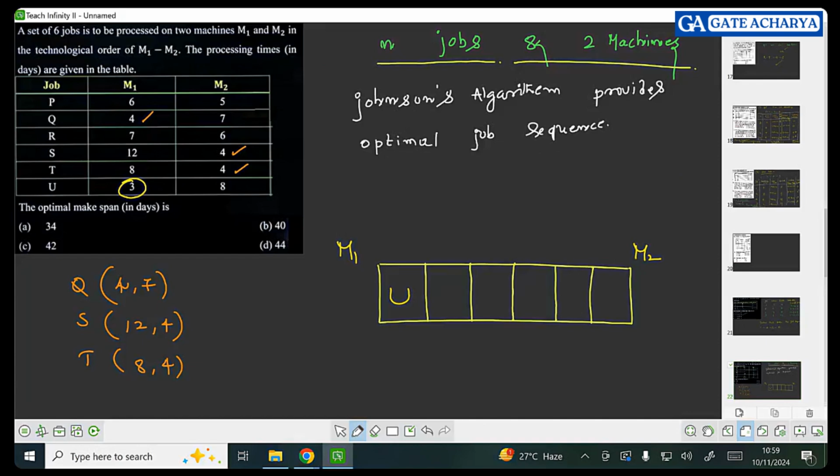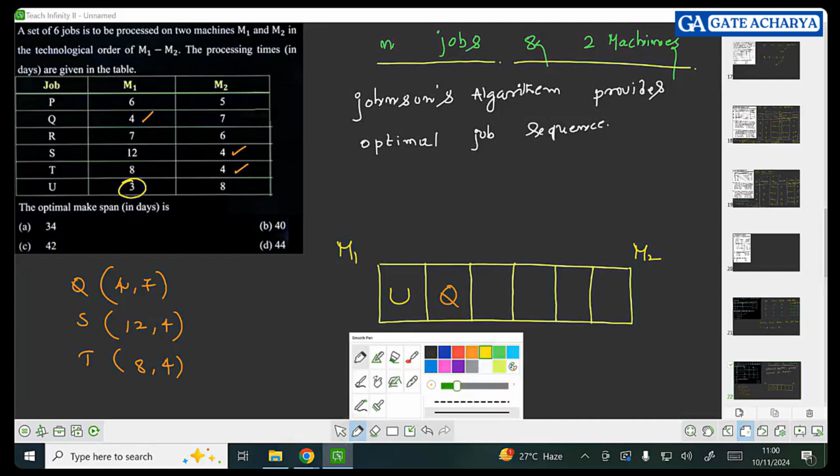Consider both processing times, machine 1 processing time and machine 2 processing time, and then select which one has the lowest values first. Among these, which one has the lowest value? Q, Q4, job Q. Which side is it? M1 side. Now Q is gone.